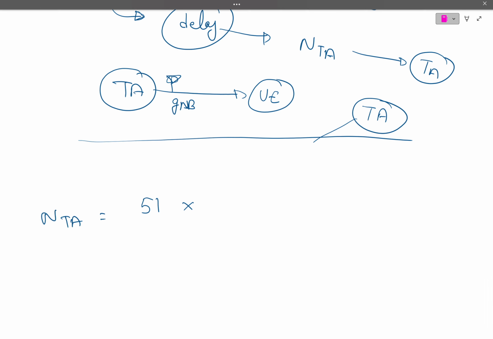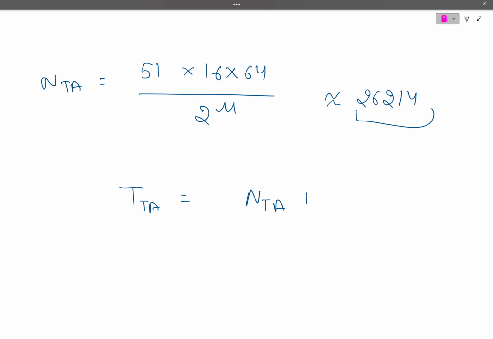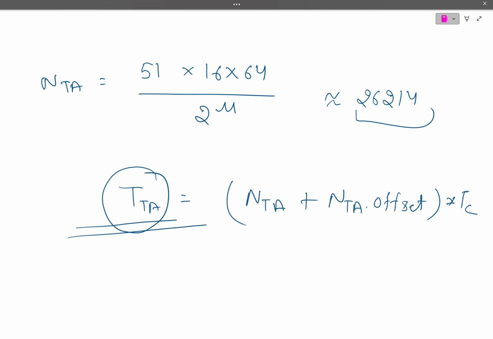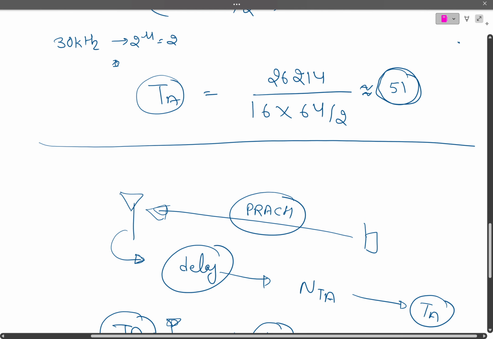Once UE receives this TA, in this case 51, from 51 it has to calculate N_TA. So N_TA will be 51 into 16 into 64 divided by 2 to the power mu, so roughly 26214 it will calculate, and then it will calculate T_TA, this timing advance, which is nothing but N_TA plus N_TA offset multiplied by Tc, and it will advance its uplink by this much time. Okay, thank you.